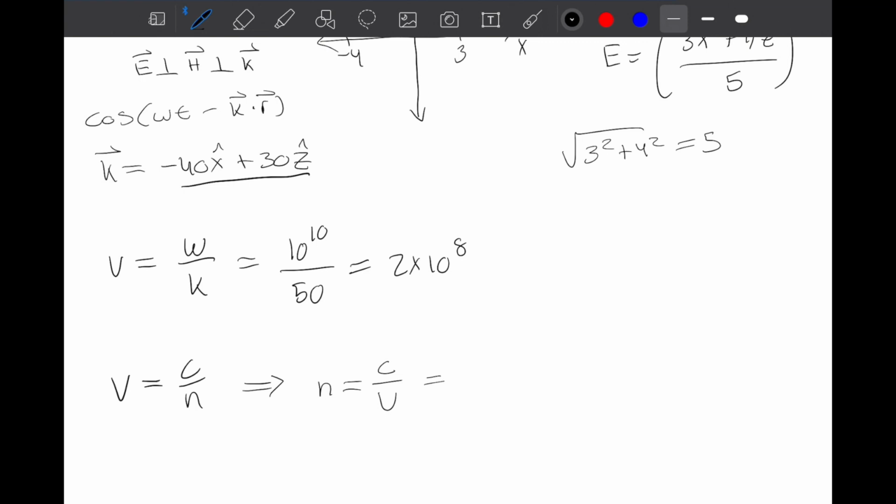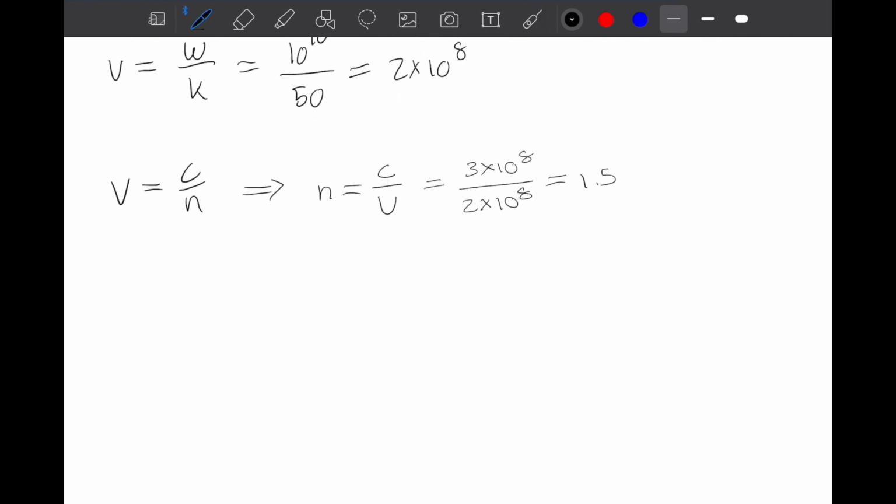Here c is the speed of light, 3 times 10 to the 8, and we just found v to be 2 times 10 to the 8. So that gives us an index of refraction of 1.5. The index of refraction basically tells us how much light bends when it enters a certain medium.